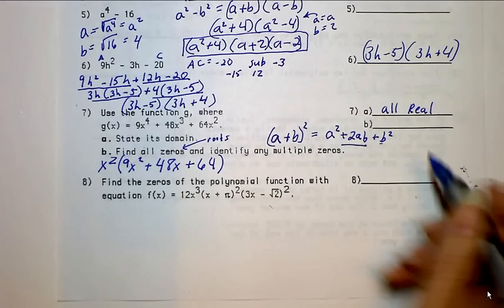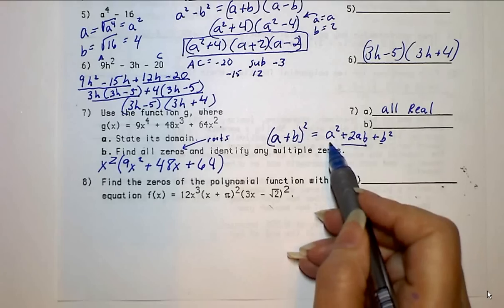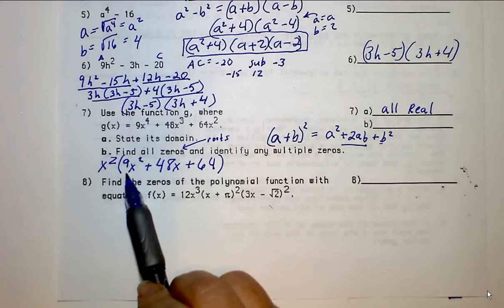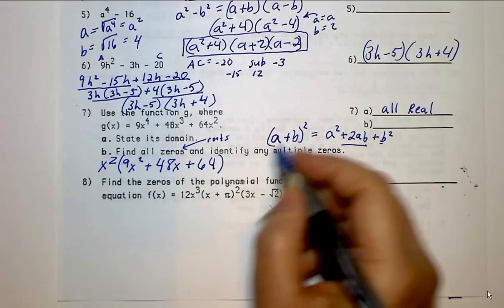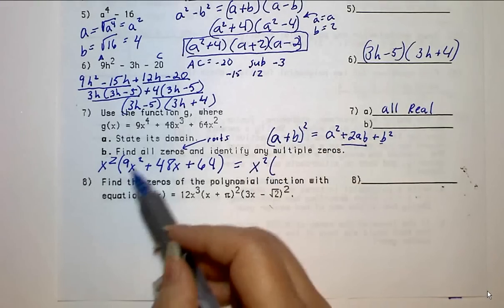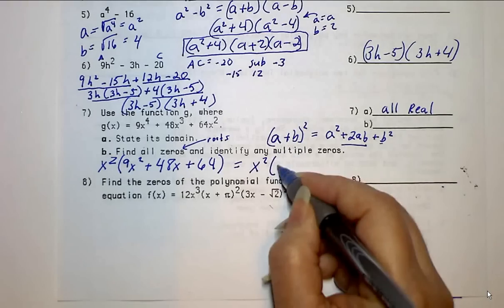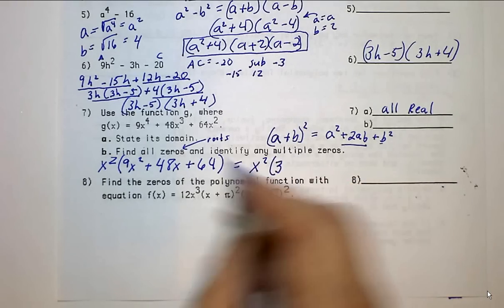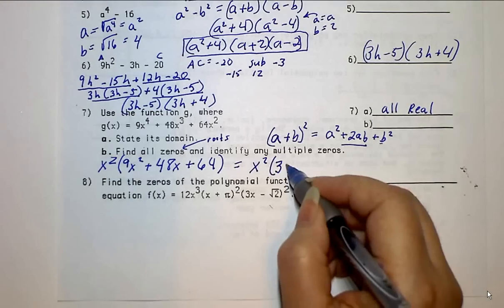So what was my first thing I have to do? Take the square root of 9x squared. So I'm going to bring over my x squared. So the square root of 9x squared is, square root of 9 is 3. Square root of x squared is x.